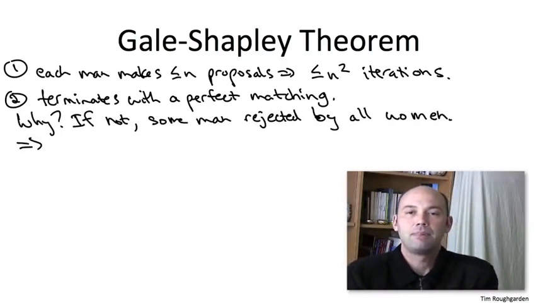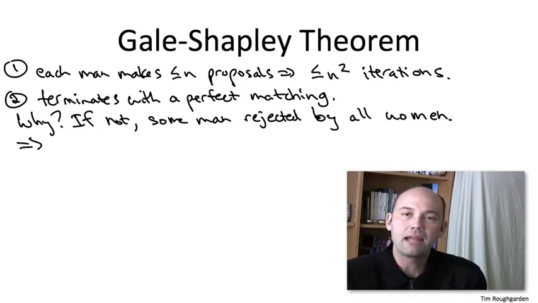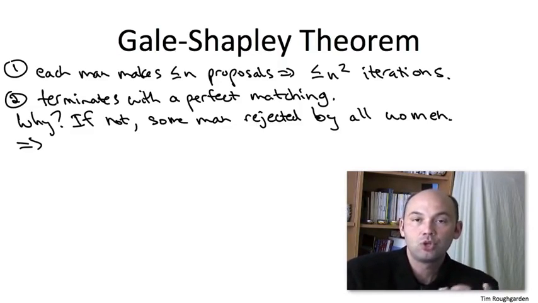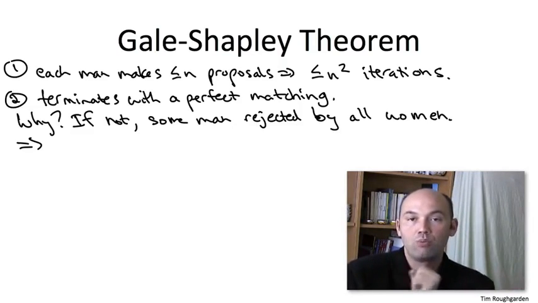So how could this have happened? Well, notice that for a man to be rejected by a woman, it must be that the woman has some other offer from some other man that she likes better. That is, rejections happen only by a woman who is engaged to somebody else. So by virtue of this man being rejected by all n women, every woman got engaged at some point in the algorithm.